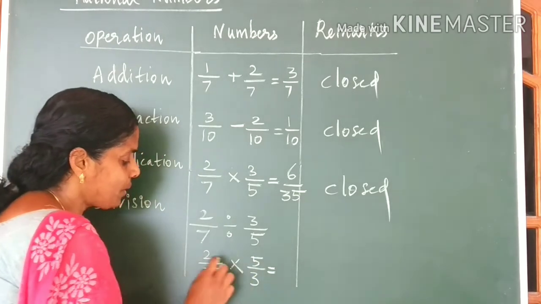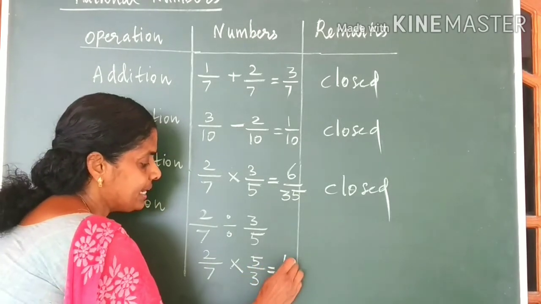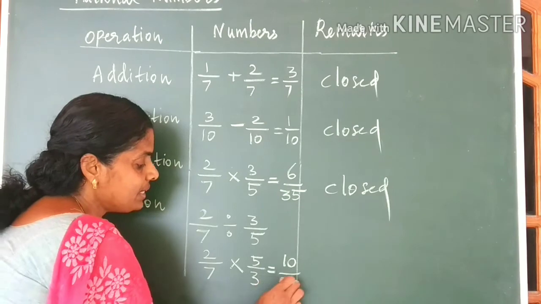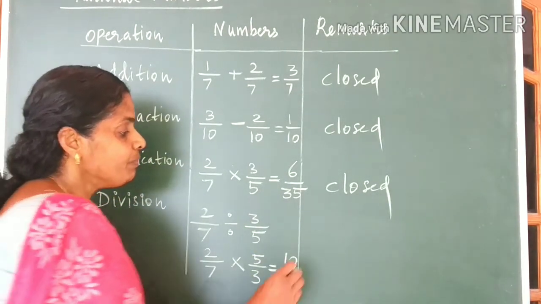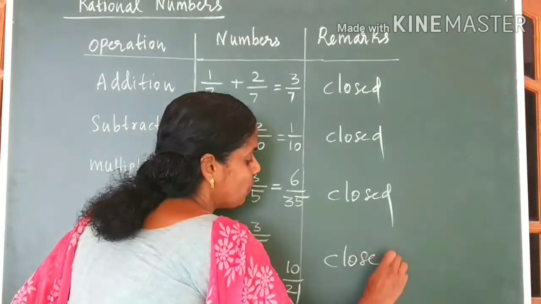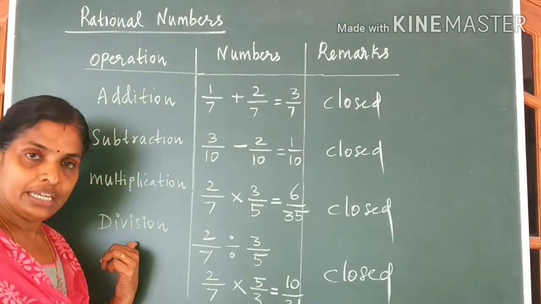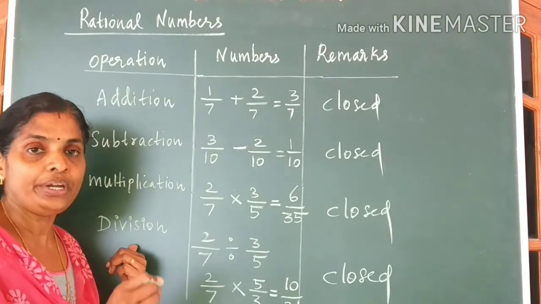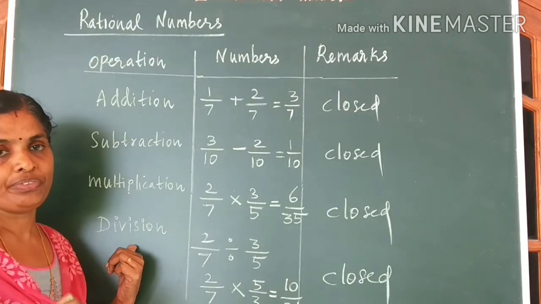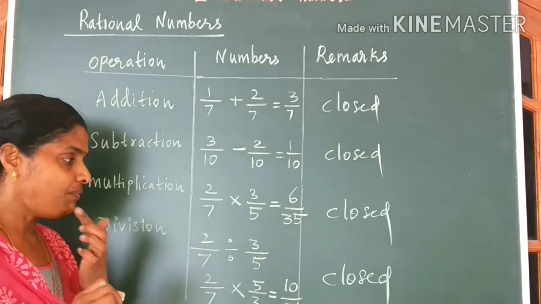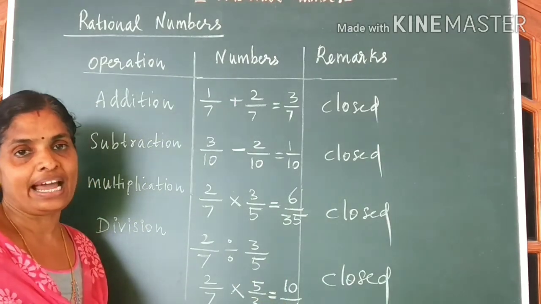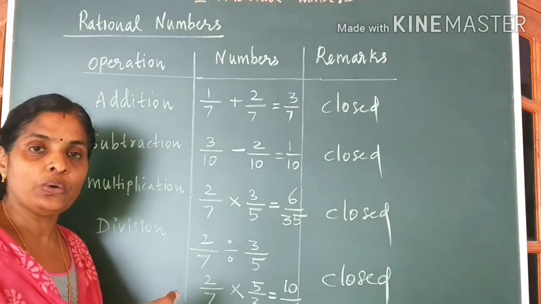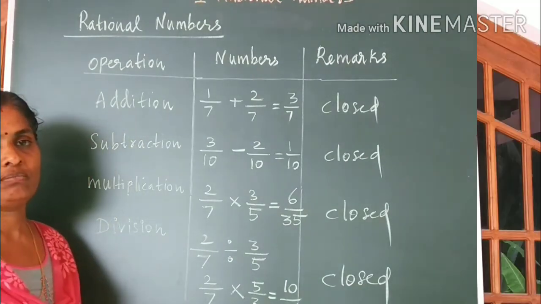So this is equal to 2 5s are 10, 7 3s are 21. So we can say this is also closed under division excluding the number 0. Is it clear? If you exclude 0, all the other rational numbers are closed under division.